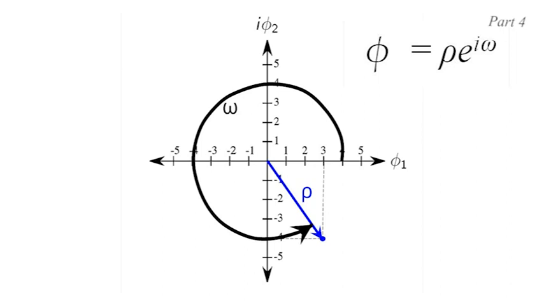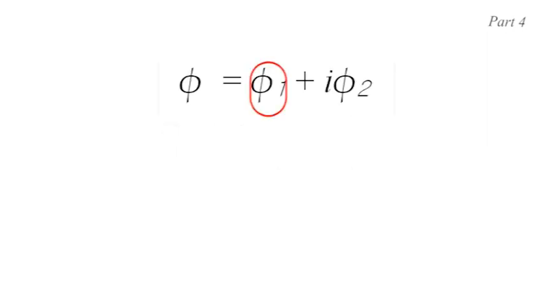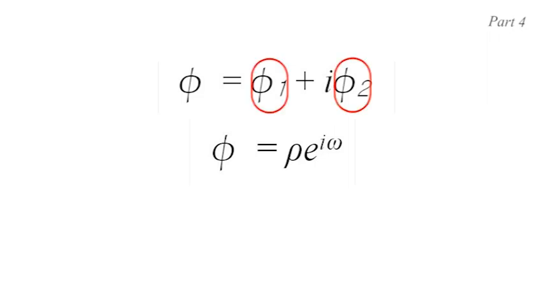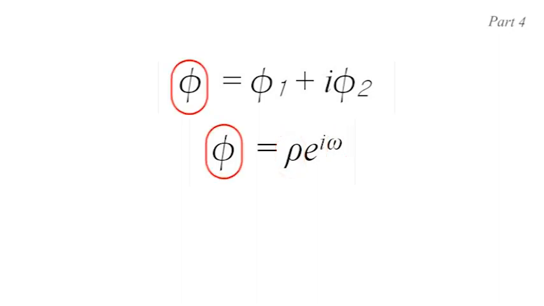So in dealing with the complex scalar field phi, we can either say it has two components, phi 1 and phi 2, and work in Cartesian coordinates, or if it's better to work in a circular situation, we can say that the field has two components, rho and omega, and do all our work in polar coordinates. We can talk as though phi1 and phi2 are fields, or we can talk as though rho and omega are fields. In each case, we'll be describing the complex field phi.